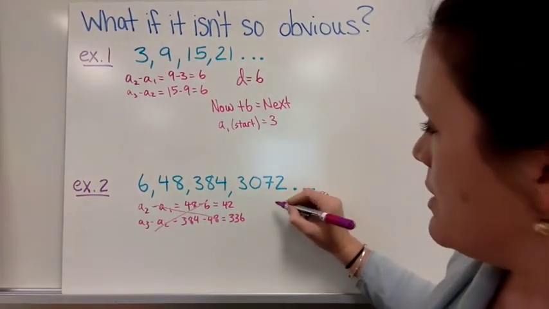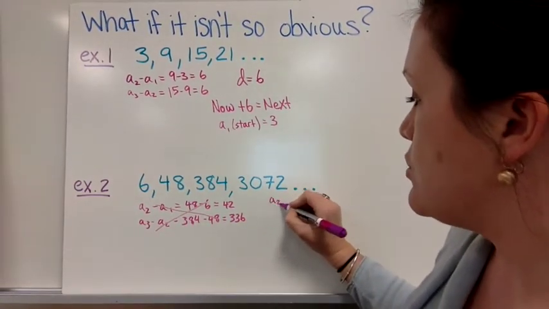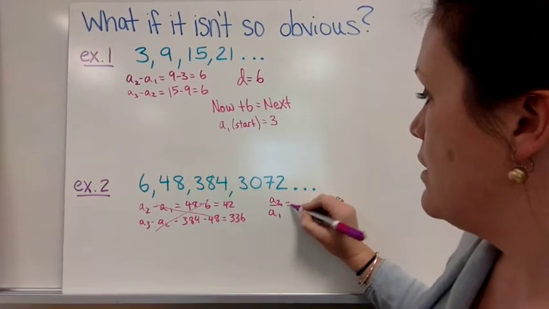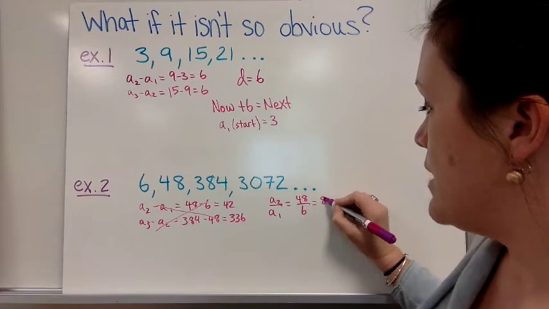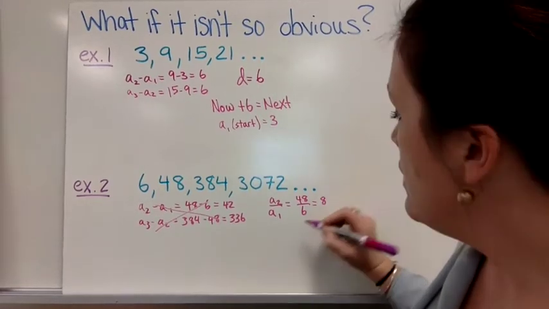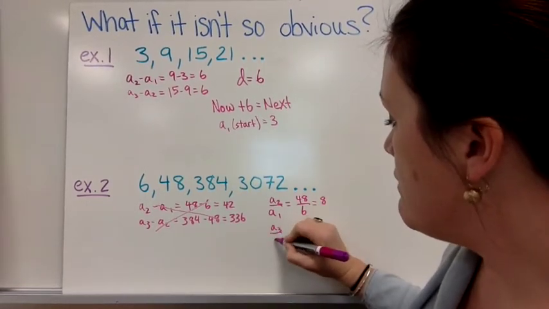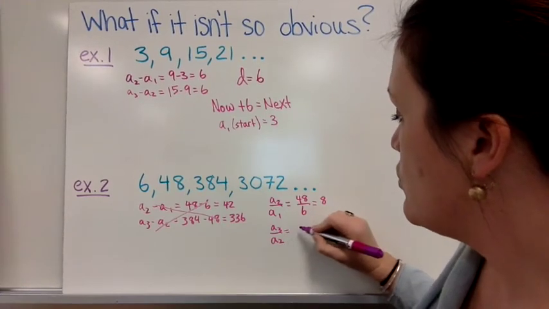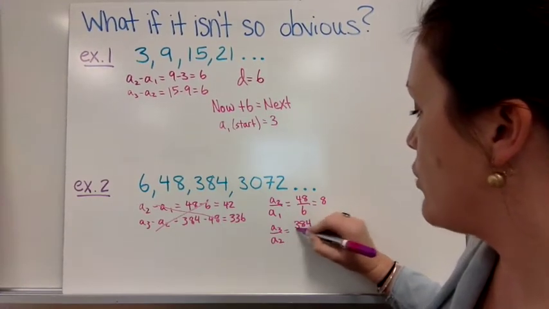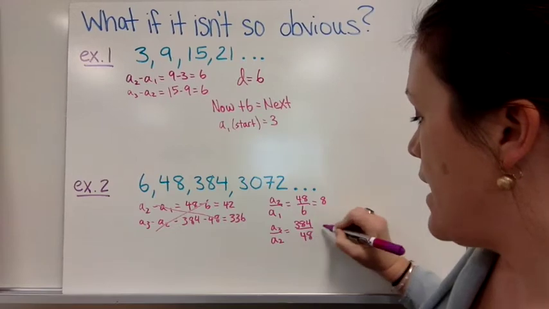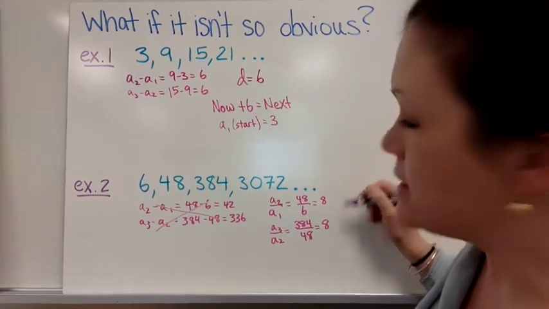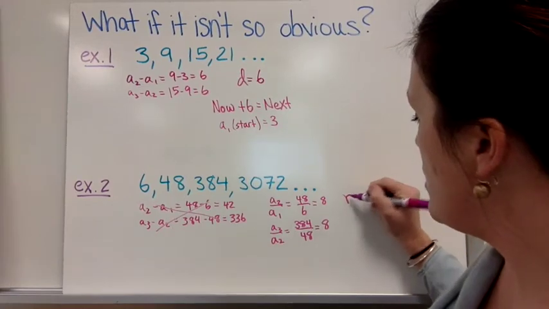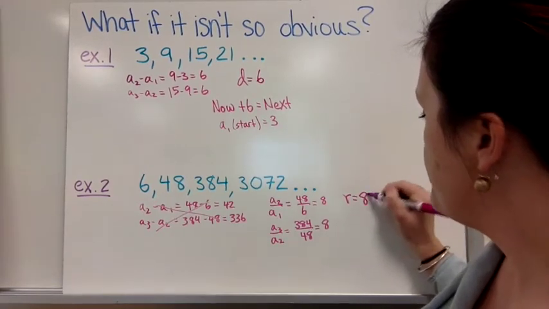So let's check geometric. So we do a sub 2 divided by a sub 1 would be 48 divided by 6, which would be 8, or technically 8 over 1. And then we could do a sub 3 divided by a sub 2, which is 384 divided by 48, and that would also equal 8. So it is a geometric sequence, and it has a common ratio of 8.